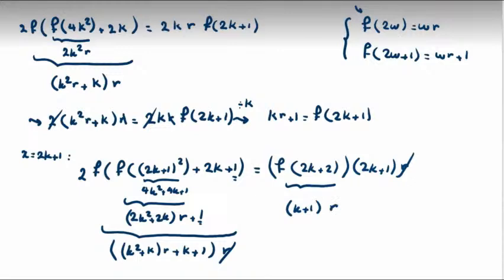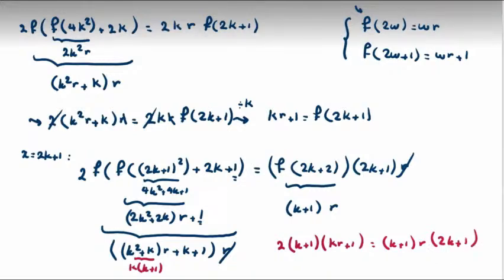So the left side is k squared 2 times. And here I can write k times k plus 1, so I can factor out k plus 1. It will be 2k plus 1, kr plus 1, and the right side will be k plus 1 times r times 2k plus 1.